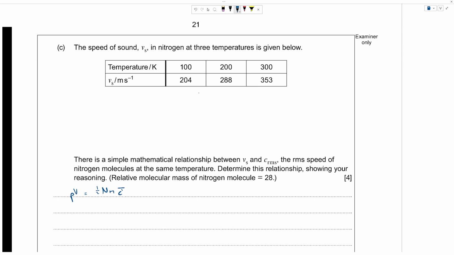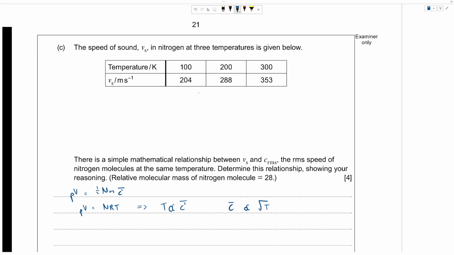And we also know that PV equals nRT. So we could say, therefore, that T is proportional to c bar squared. Therefore, c bar proportional to root T.